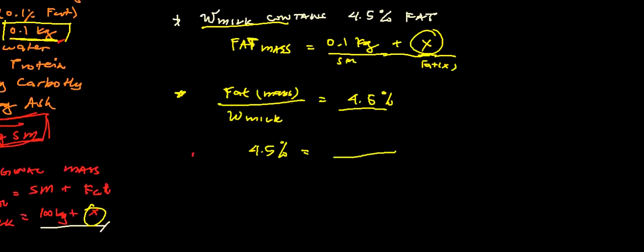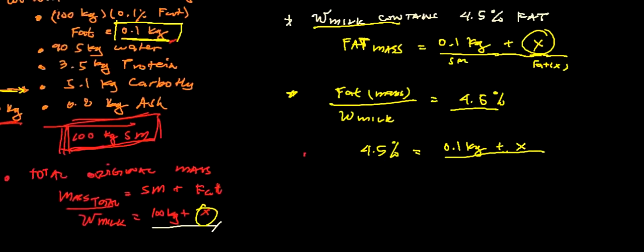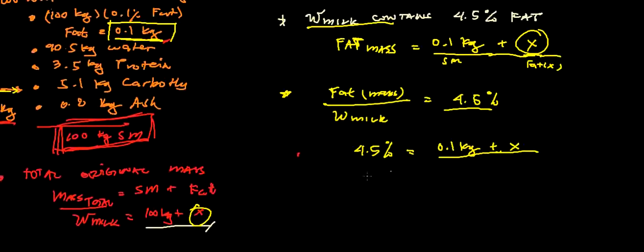Our initial mass of fat is 0.1 kilogram plus x, and our total mass of whole milk is 100 kilogram plus x, right? So based on this, we can now calculate the value of x. Let's convert this to a percentage, so we have here times 100%.